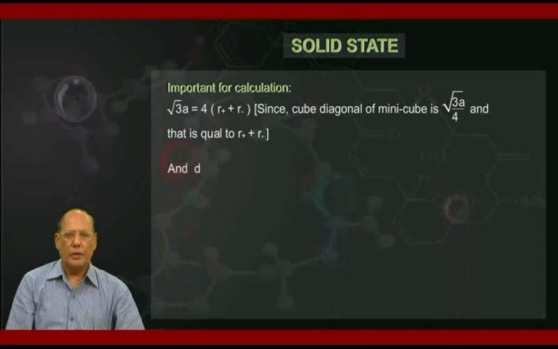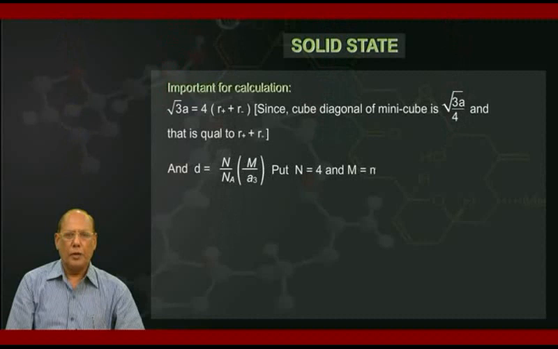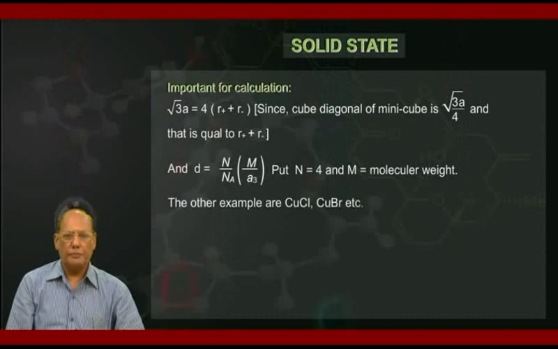Further, density d is equal to n upon Na into M upon a cube. Put n equal to 4 and M equal to molecular weight. The other examples are CuCl, CuBr, etc.